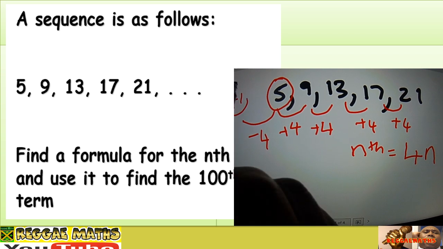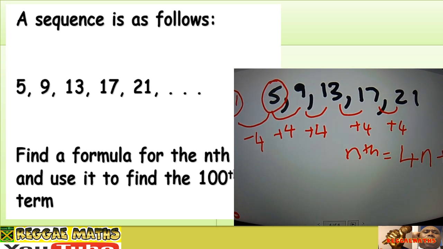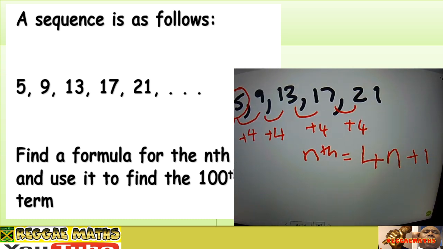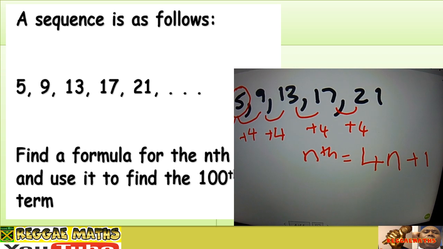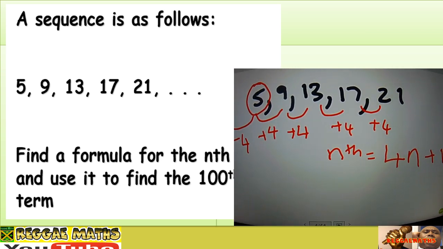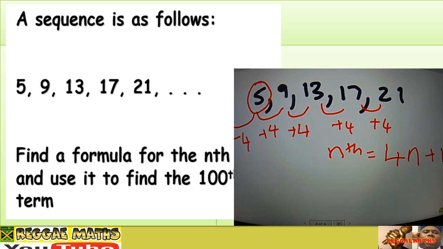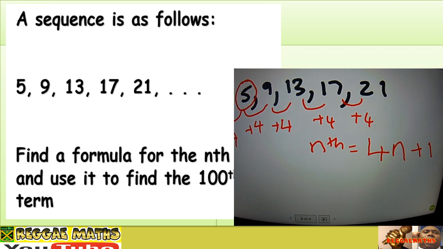So that plus 1 is what I'm going to add on. So this is now my nth term, the formula for this sequence, which is 4n plus 1.